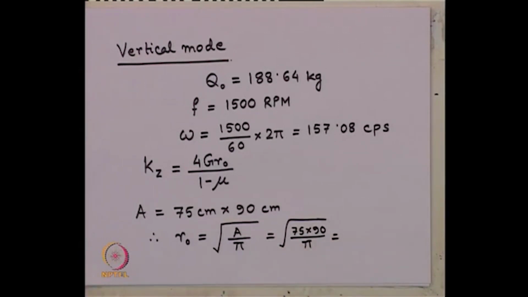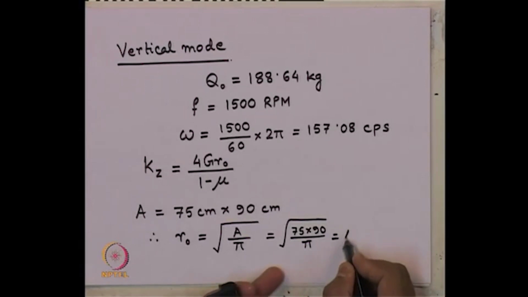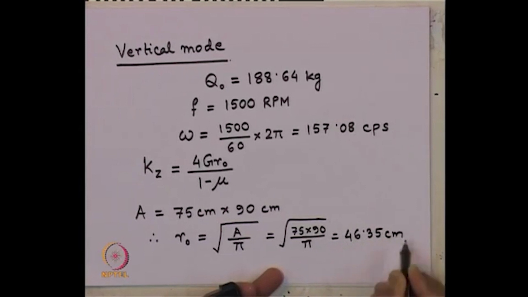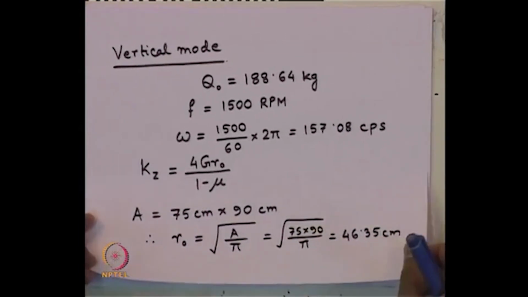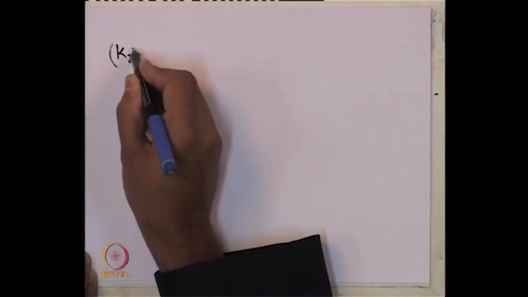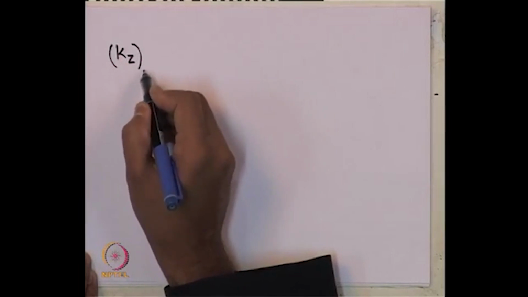So, how much does it give us? It is coming about 46.35 centimeter. Okay. Hence, we will get Kz for 3 different types of soil.